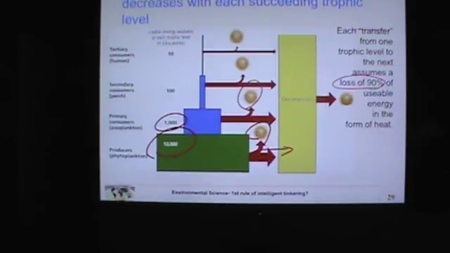Then those zooplankton are consumed by these secondary consumers, the perch. We're moving it up a little bit, and heat is released. But notice 10,000 units of phytoplankton only support 100 units of perch. And then 100 units of perch will only support 10 human beings and release heat, with a loss of 90% between each of these trophic levels.